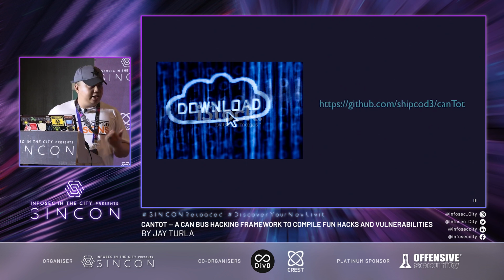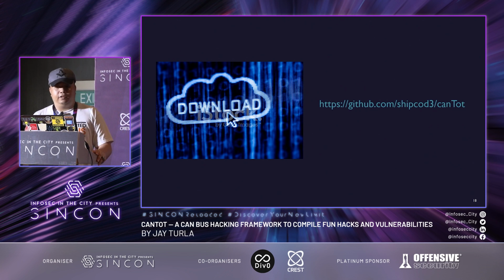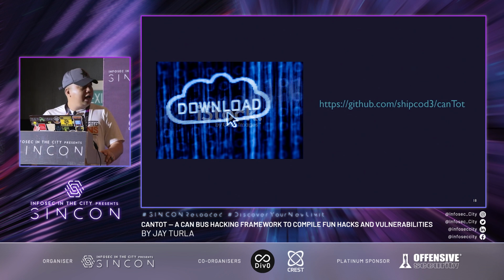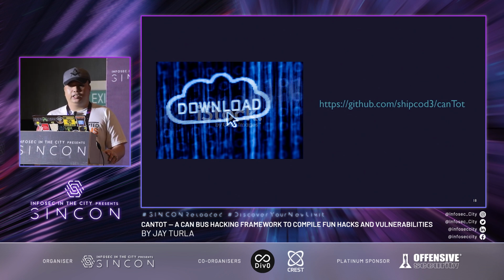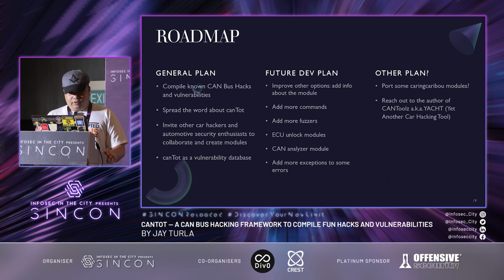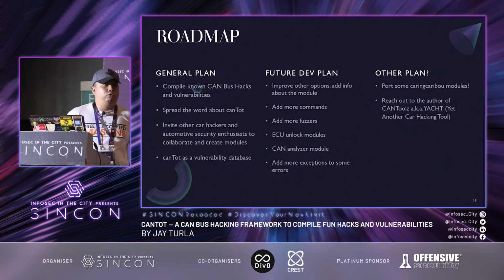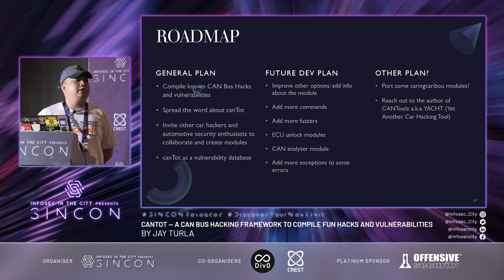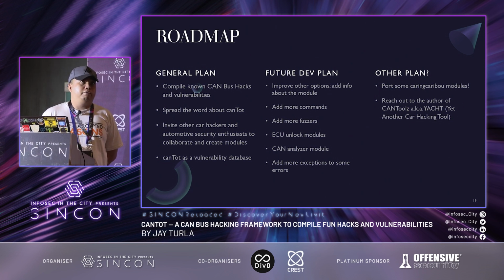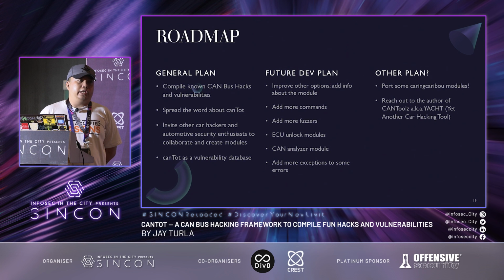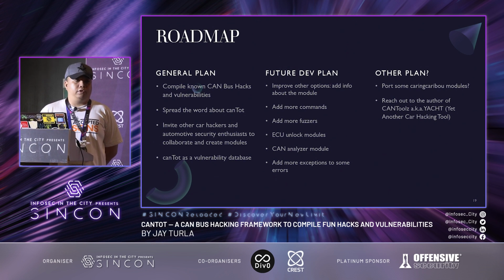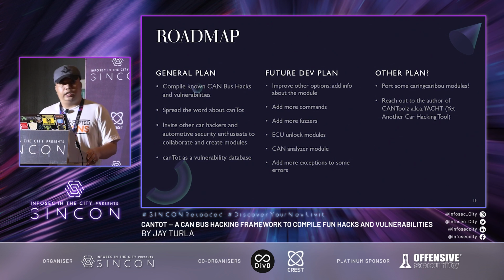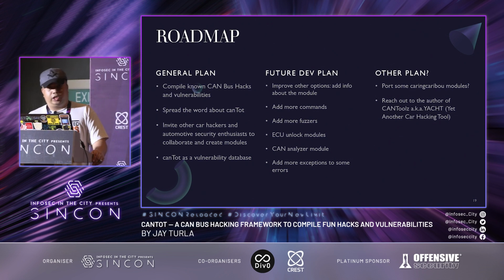So this is the download of the framework. It's /shipcode, that's my GitHub handle, and then /cantot. So what's my roadmap for canTot? Compile known CAN bus hacks and vulnerabilities. Right now, I've created some modules that allow you, if you're inside the car already, to start the car.